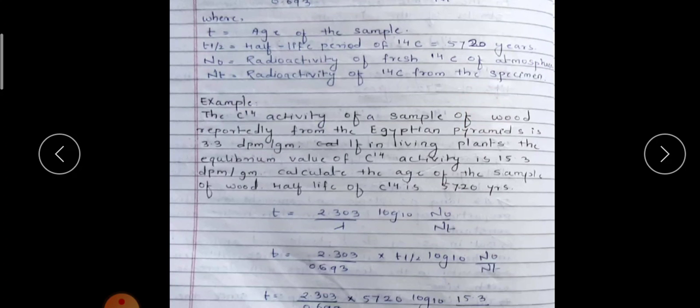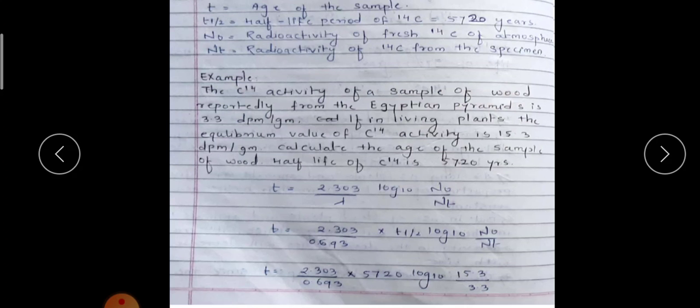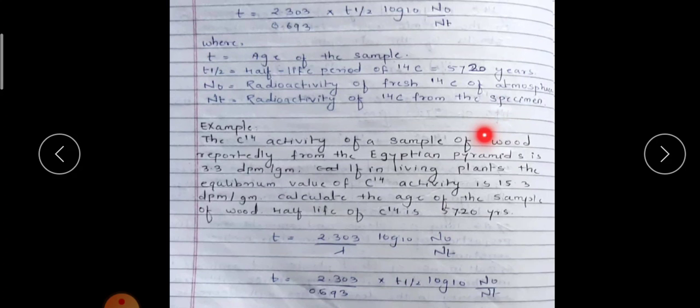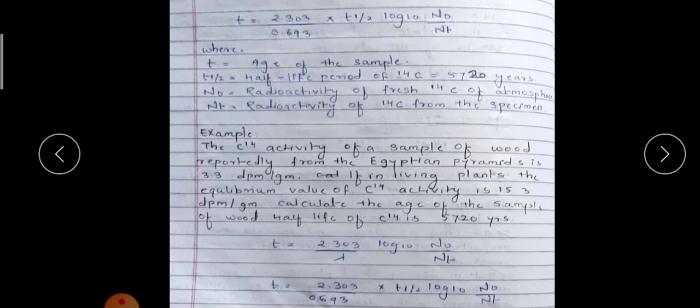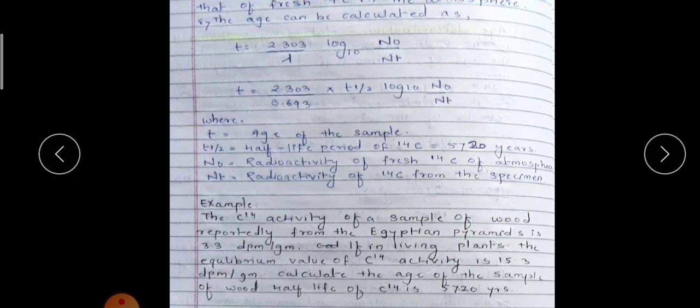Here you can see, N0 will be in the active sample, it's a living sample you have to take, and for the dead it is Nt. Okay. So you can call this the atmosphere.